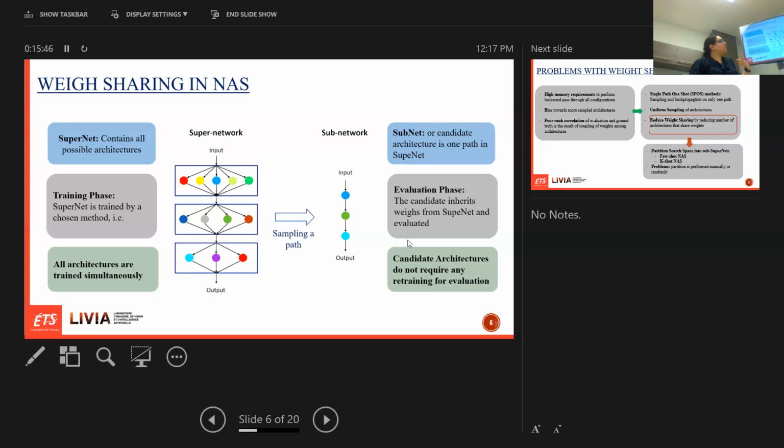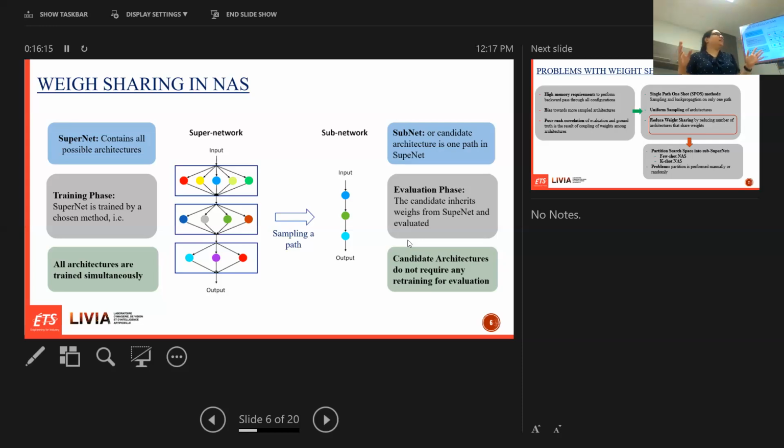However, when we want to evaluate, we have to sample one path in our super network, which would be the candidate architecture or configuration. Instead of what early works did, training each of the candidate architectures, here we just inherit the weights from the SuperNet.